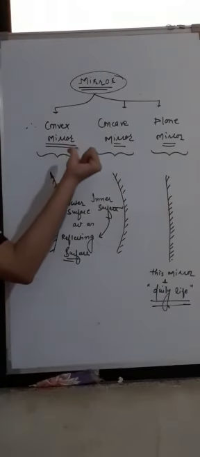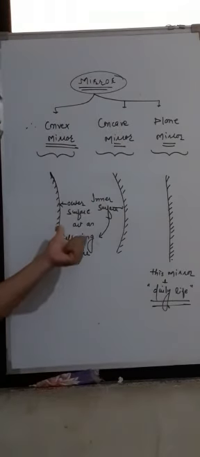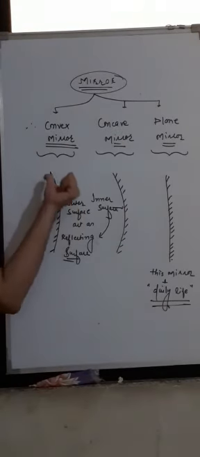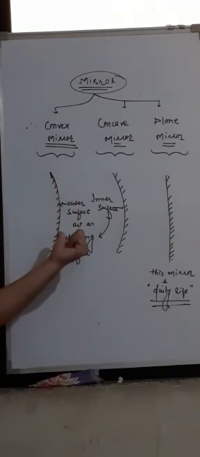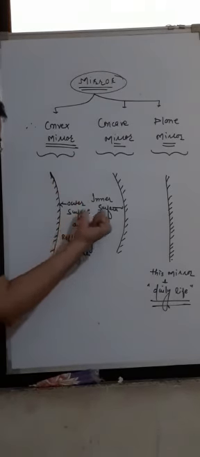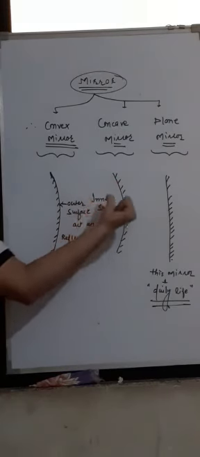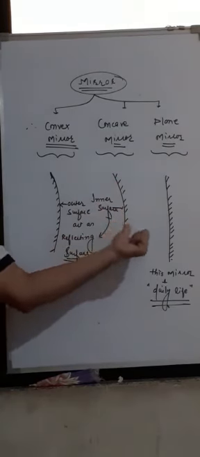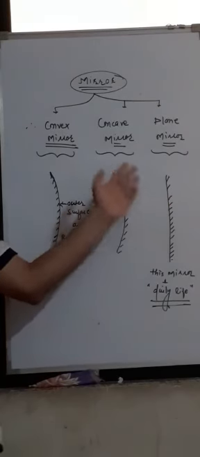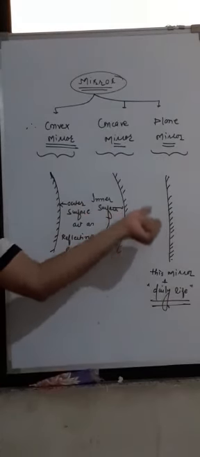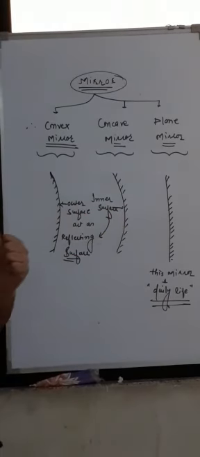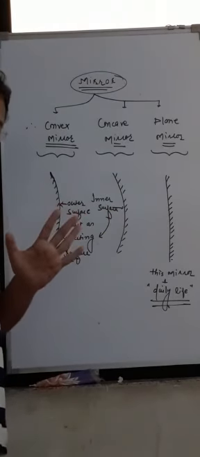So basically there are three types of mirror: convex, concave and plane. In the convex mirror, the inside surface is plated and the outer surface acts as the reflecting surface. Here the inner surface acts as the reflecting surface. In the plane mirror, any one side acts as the reflecting surface, and it is the mirror we use in our daily life. Okay, are you getting my point? Fine.